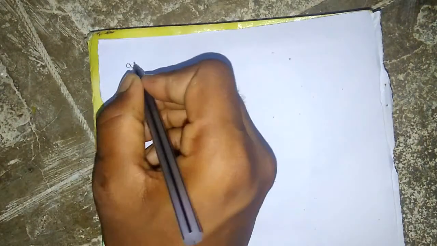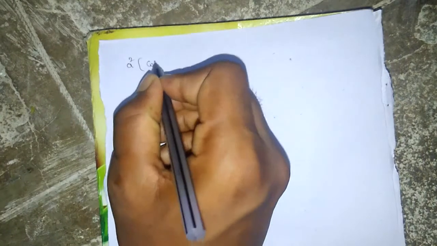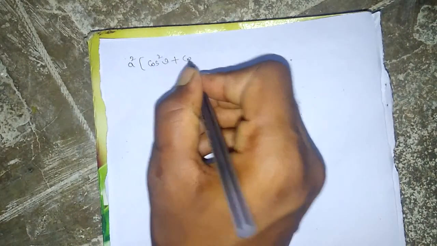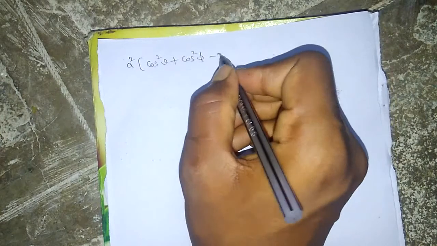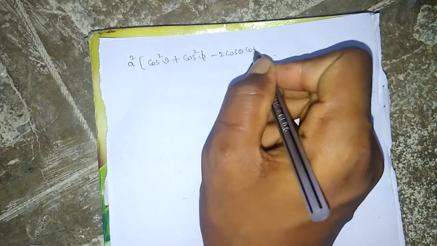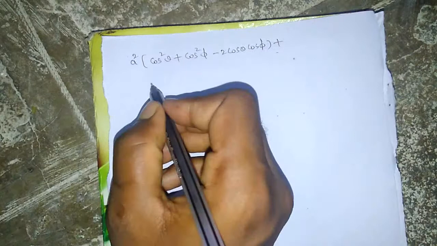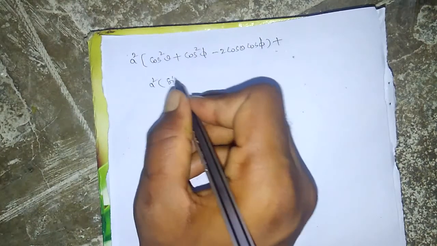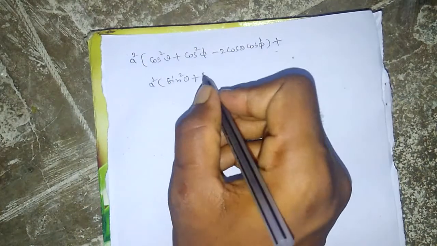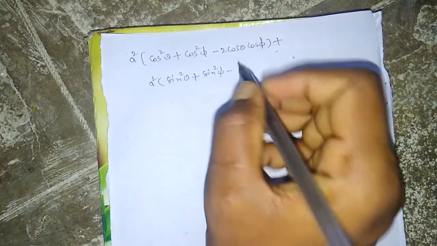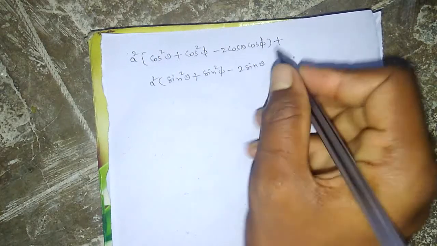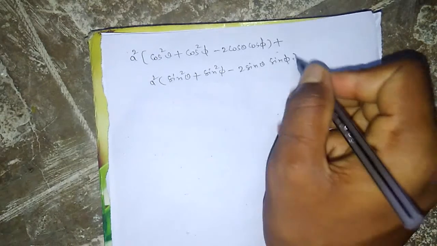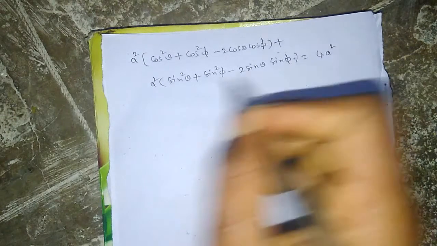That is a square into (cos square theta plus cos square phi minus 2 cos theta cos phi) plus a square into (sin square theta plus sin square phi minus 2 sin theta sin phi) is equal to 4a square.